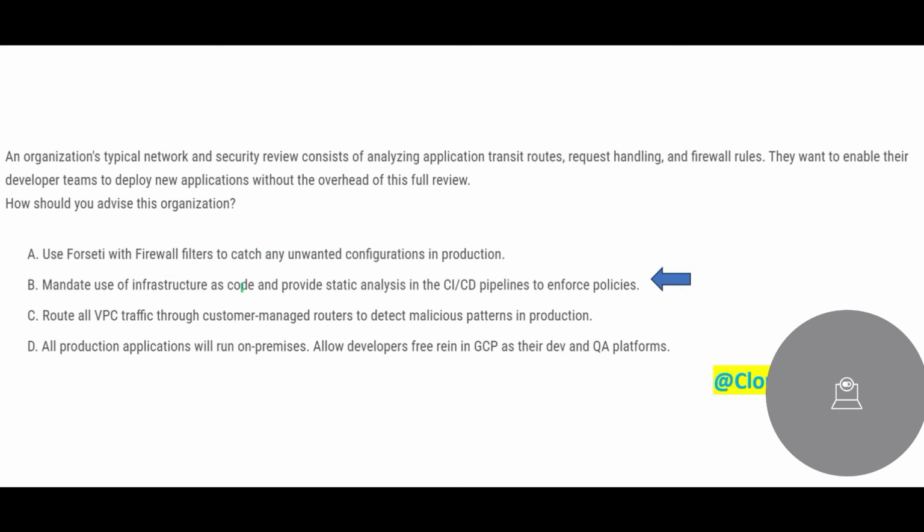You should mandate use of infrastructure as code. Why infrastructure as code? You will not make human errors in any configuration. So review is not required if you are following templatized infrastructure as code. That is a calculated risk.